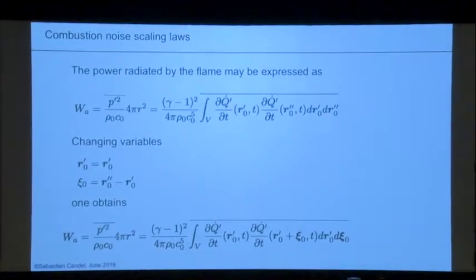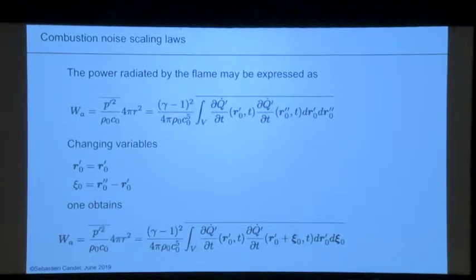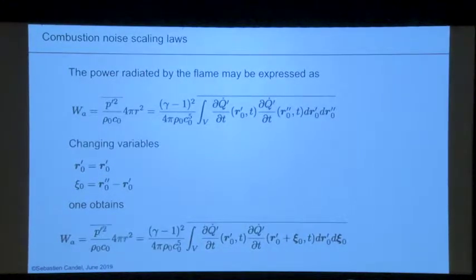So what you have here is the source terms at two positions. There is a correlation that you have to take. It's a double integral over the volume for the first source term, the second source term, and then you have to take this average, the ensemble average.